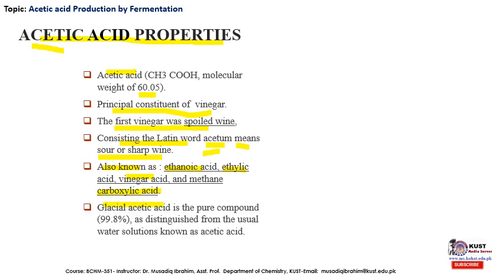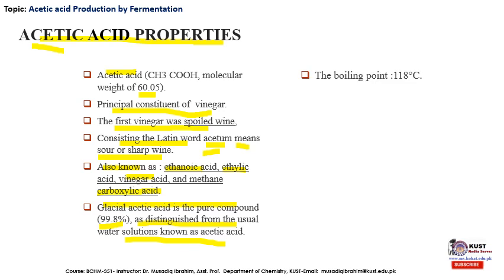Glacial acetic acid is a pure compound which has a purity of up to 99.8%, as distinguished from the usual water solutions known as acetic acid. So glacial acetic acid is the purest form of acetic acid available for experimentation purposes.